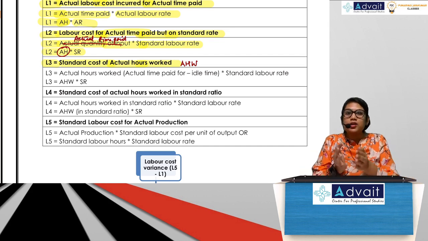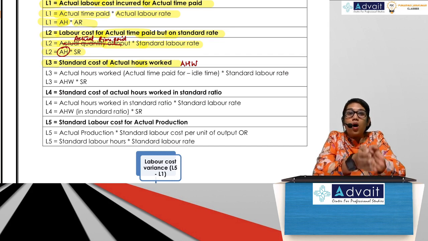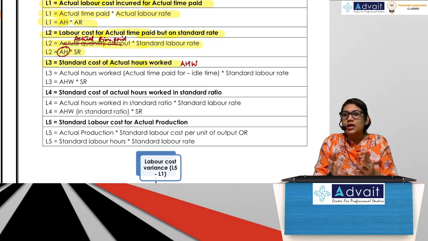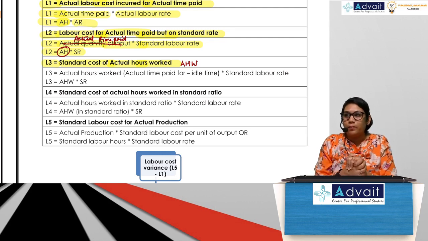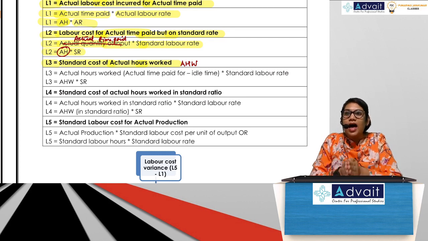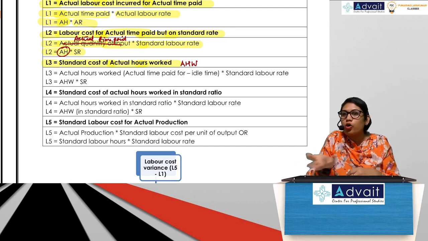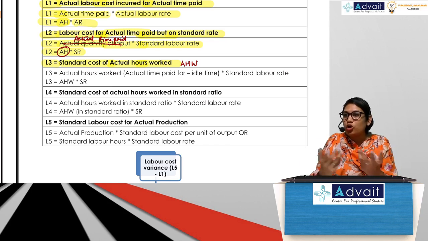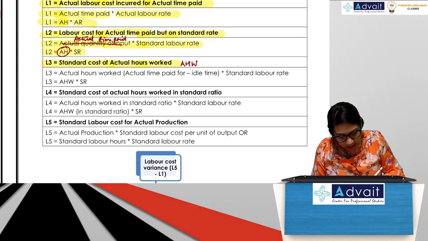So actual hours paid minus actual hours worked gives you idle time. I'm paying you for a full 10 hours, but you are working only for 8 hours. Which means for 2 hours I'm paying you, but you're not doing anything. That is idle time. Correct? So this is actual hours worked.